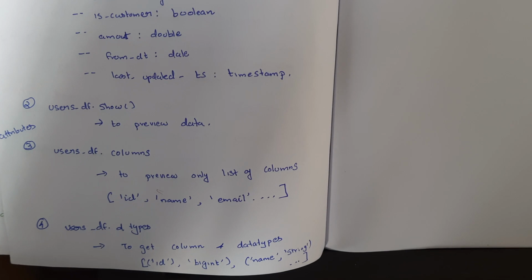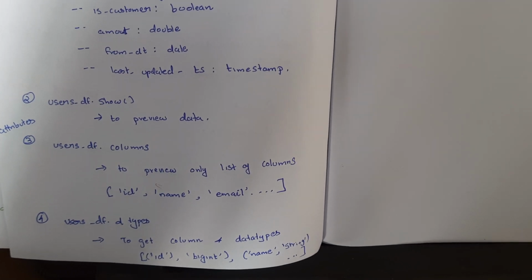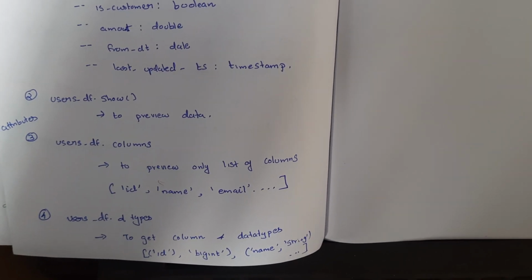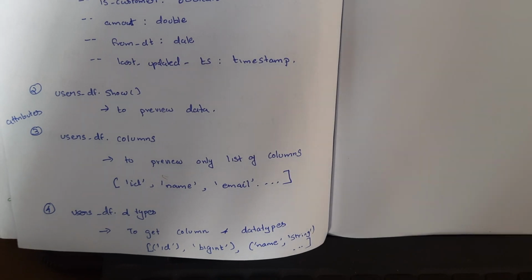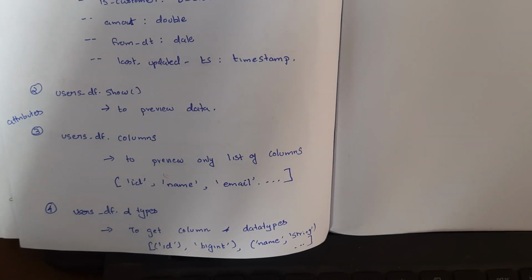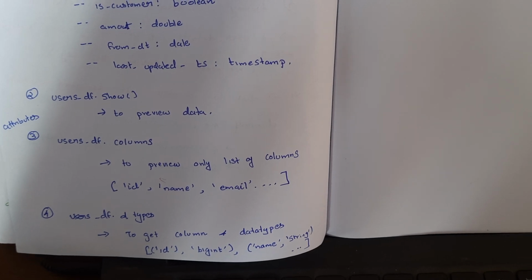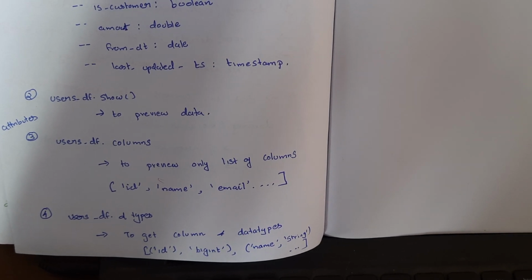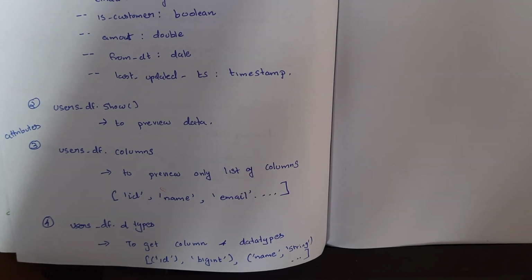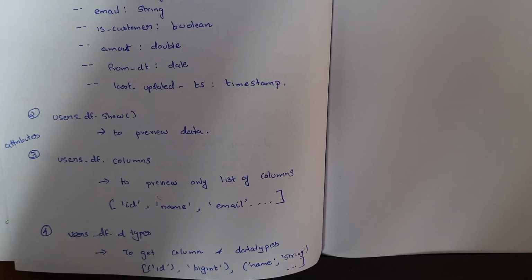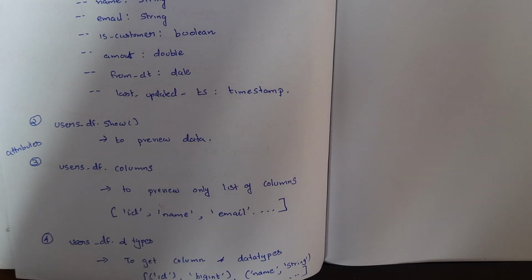Then users_df.dtypes gets the columns and their data types. Here we get the list of id along with its data type, then again name, which is the second column, with the data type string. These are a few attributes available on top of data frames.